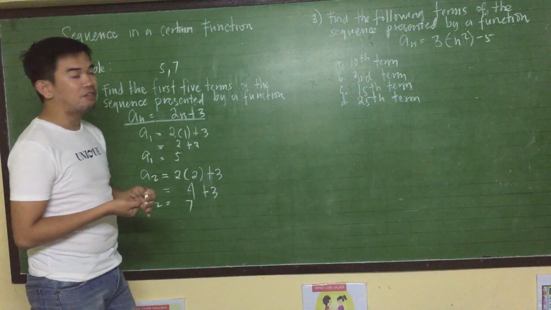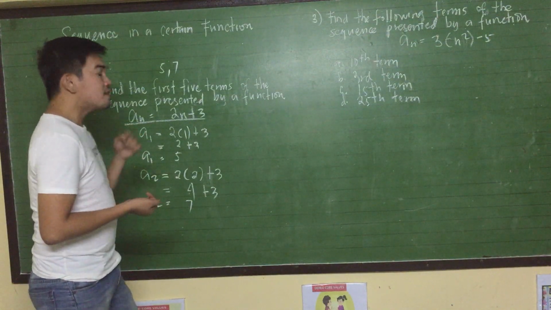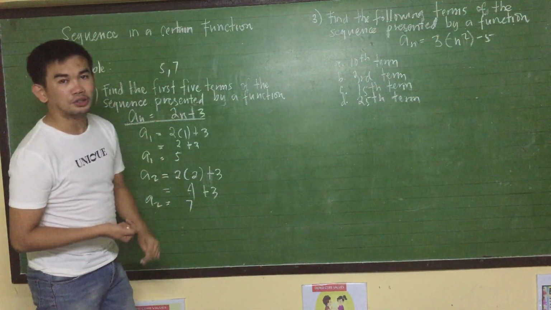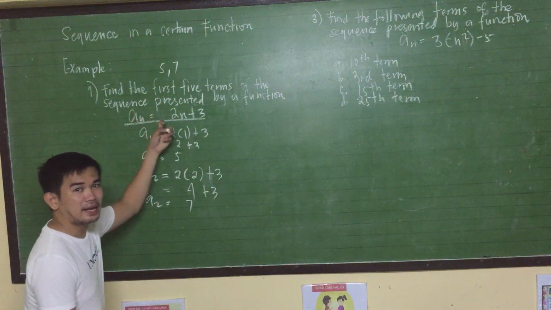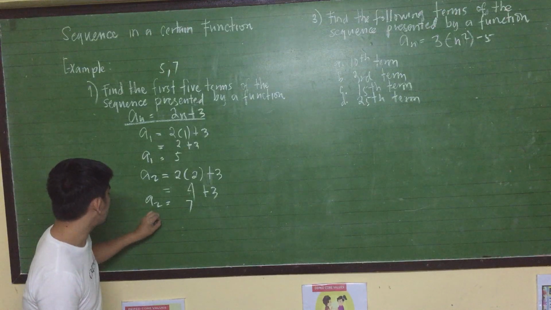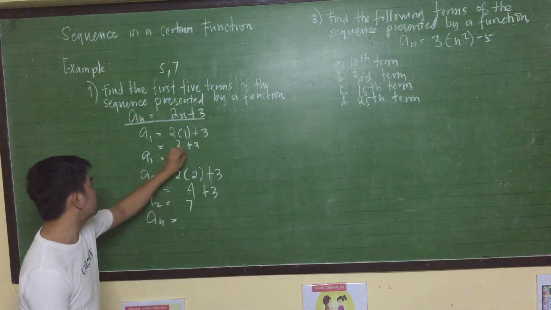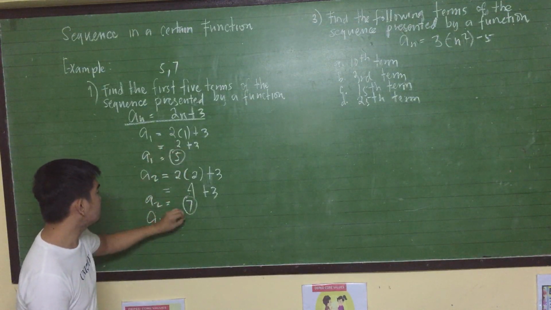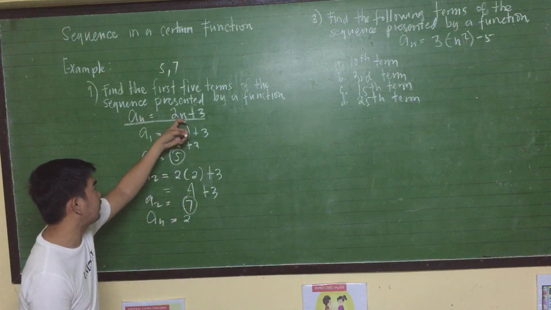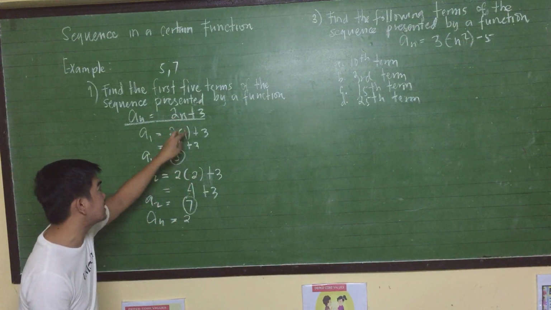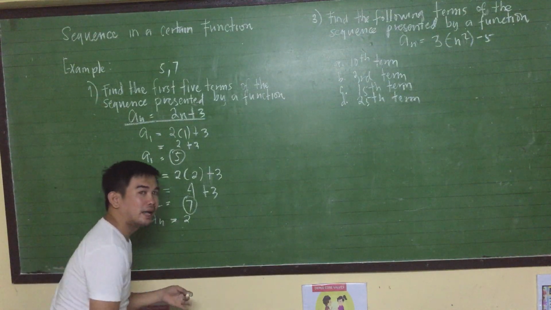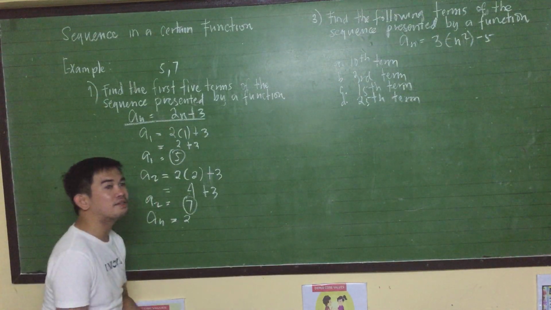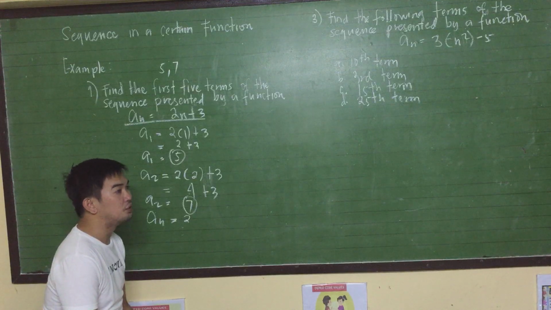Okay, let us now move forward to the third term o yung pangatlong term natin. Okay, in our third term, gamit pa rin ang ating function a sub n is equal to 2n plus 3. Therefore, after we use 2 as our second value of n, ngayon gagamitin naman natin yung 3 because we're looking for the first 5 terms.